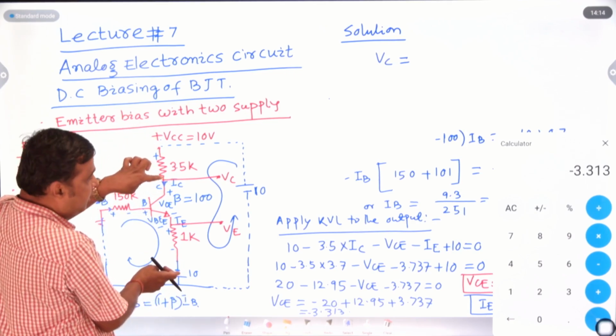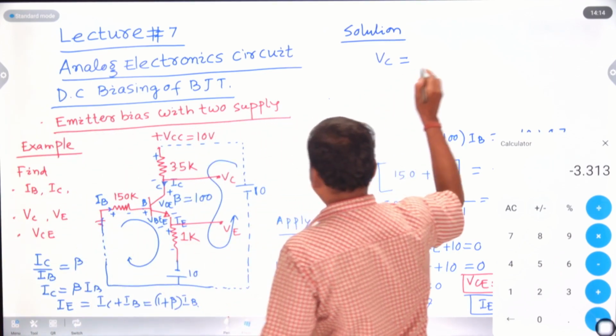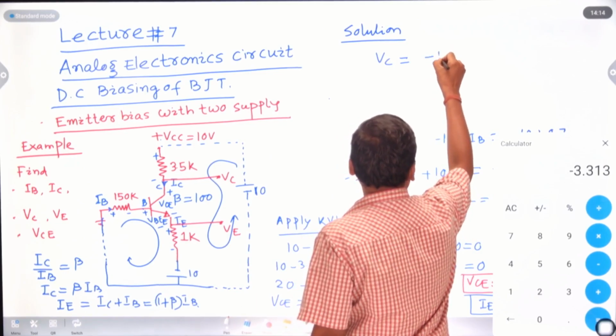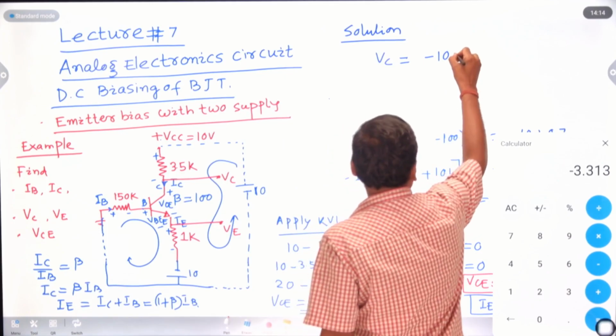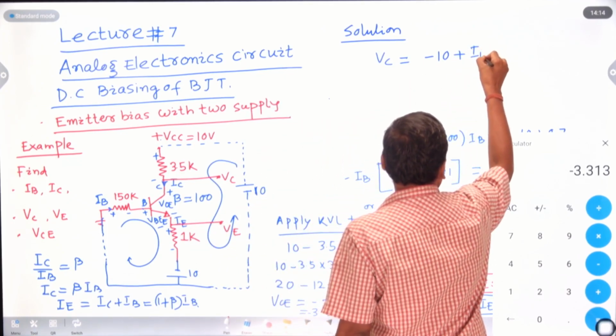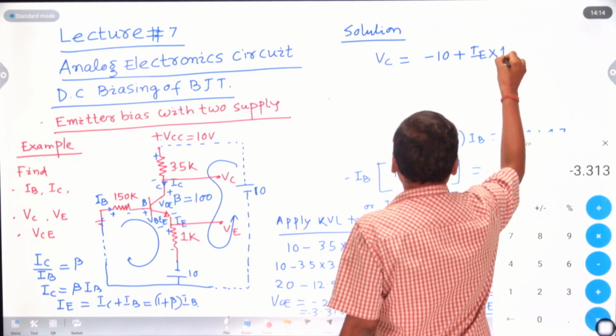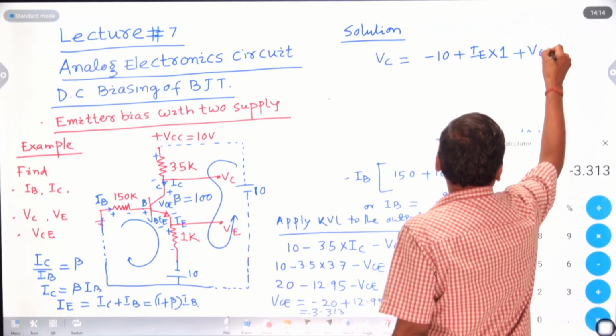VC means collector potential. So VC equal to, if we move from plus to minus, minus 10 here. Then minus to plus, plus IE into RE, IE into 1. Then minus to plus, plus VCE.